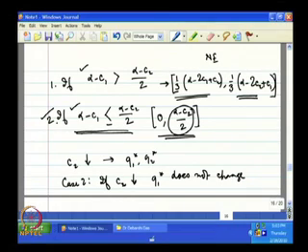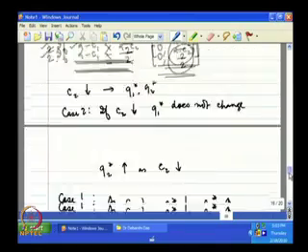And remember this condition. What this condition is basically saying is the following.